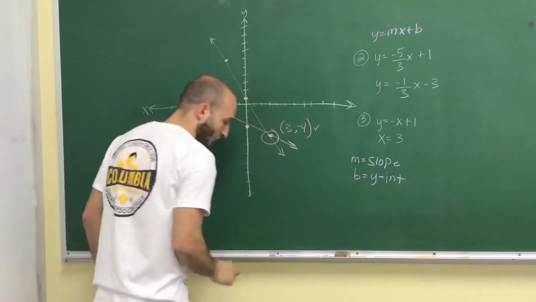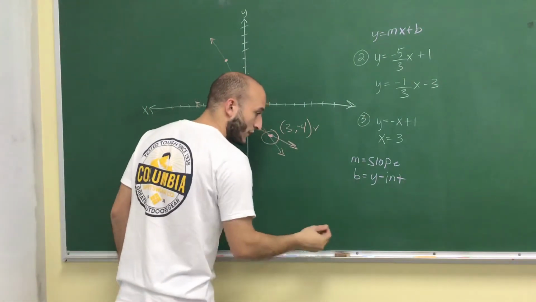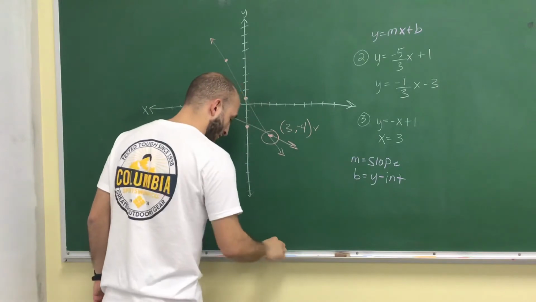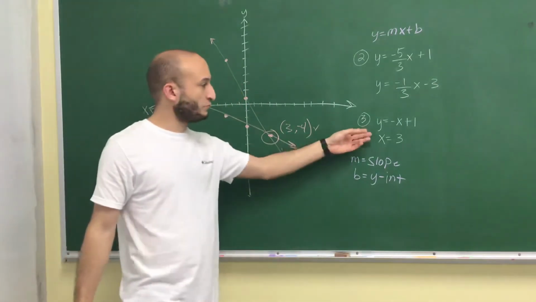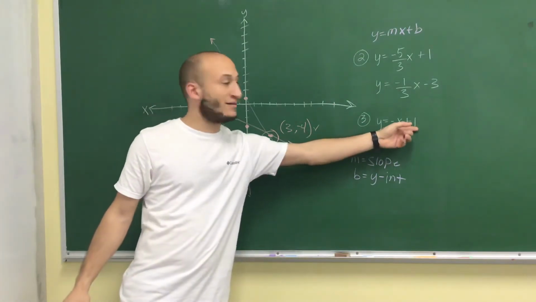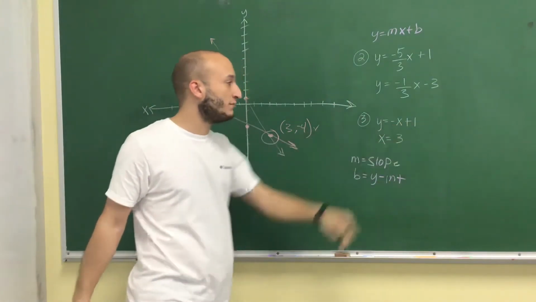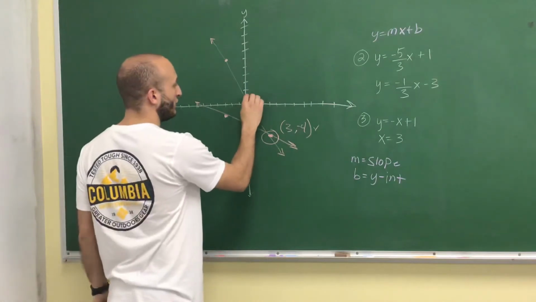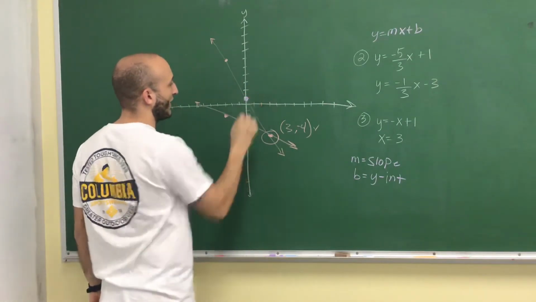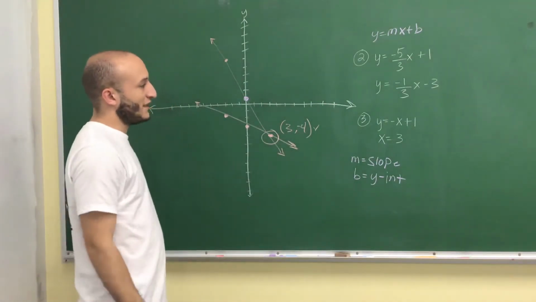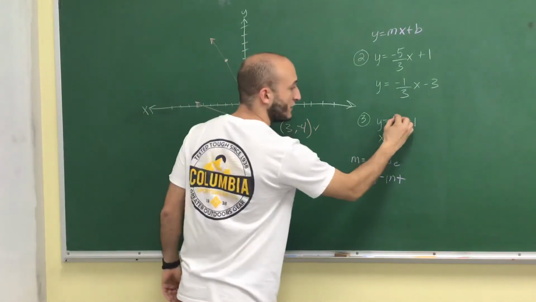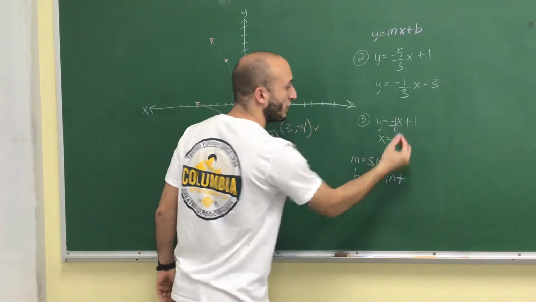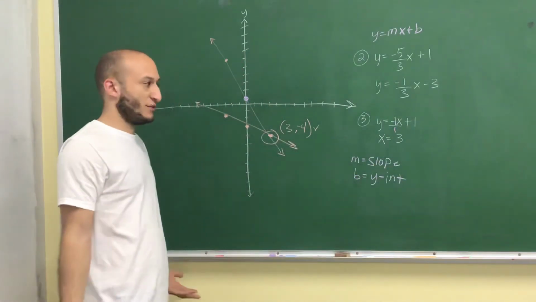Now I'm going to choose a different color and solve this one. I'm going to start with a positive 1, right? That's my b. Then my slope is a negative 1, so this is negative 1 over 1, because it's just negative x.